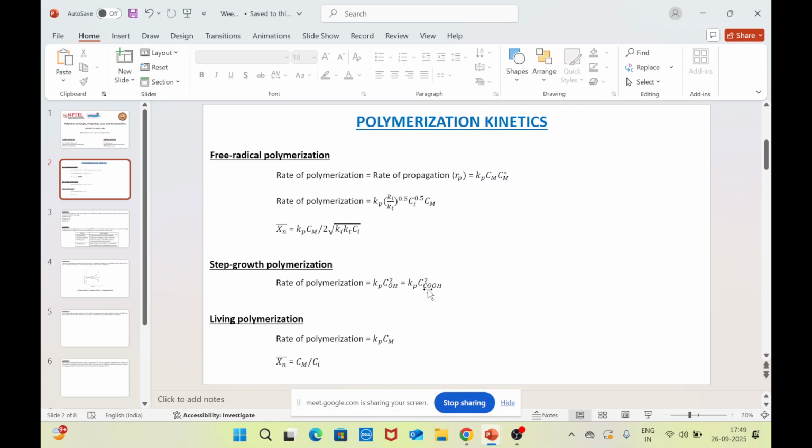One is the pseudoplastic, another one is the dilatant, and another one is the Bingham plastic. So any idea on what is pseudoplastic, dilatant fluid, and Bingham plastic?